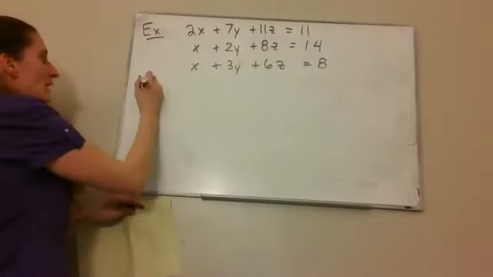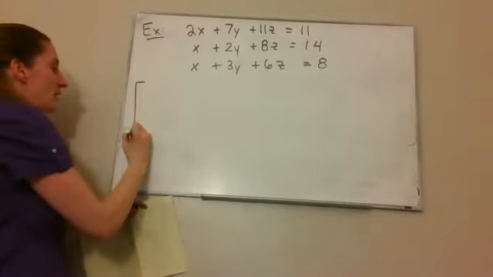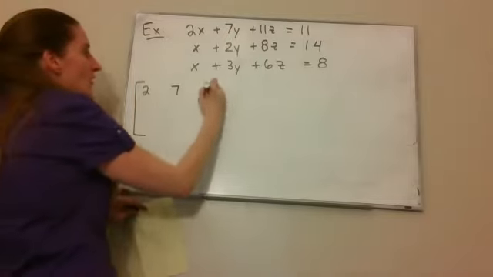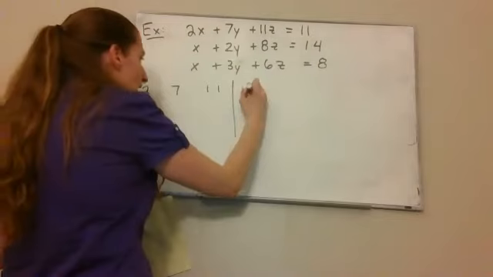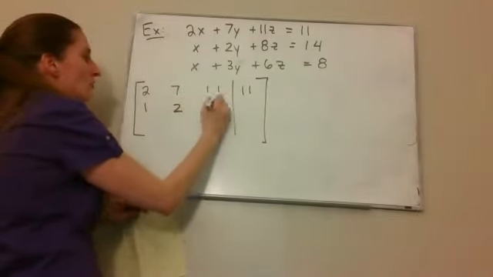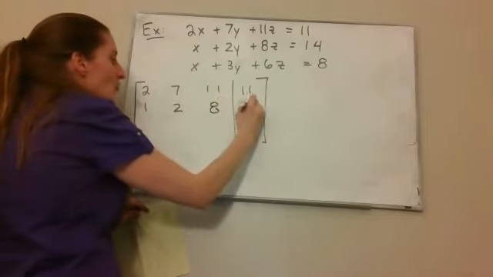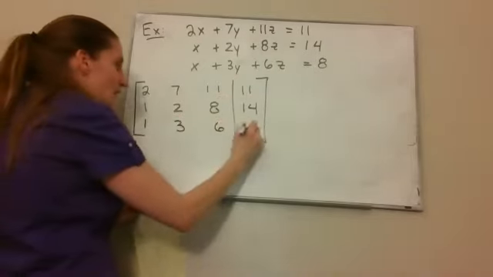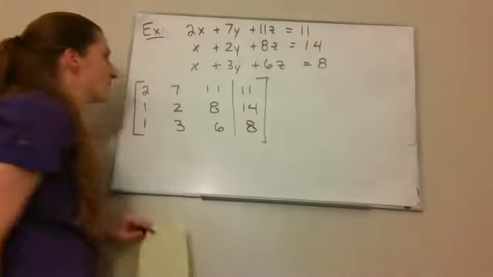So the first thing we need to do, put it in a matrix. 2, 7, 11, 11, 1, 2, 8, 14, and 1, 3, 6, 8.